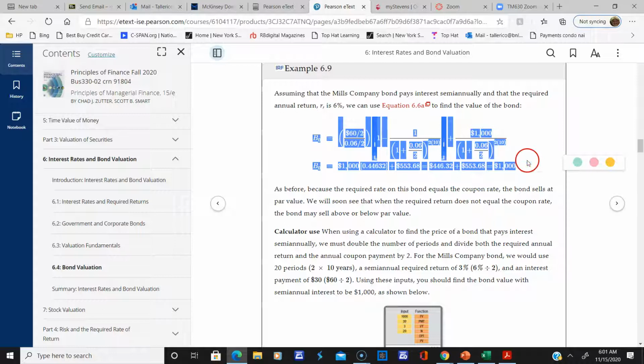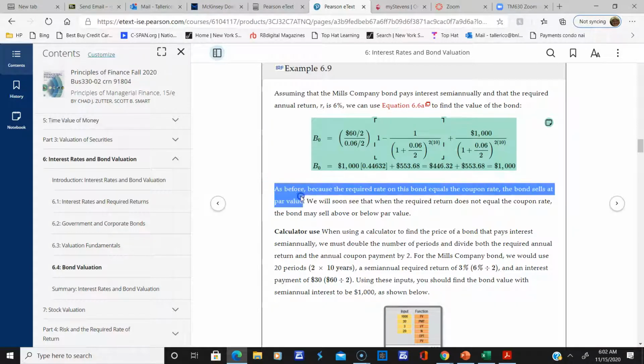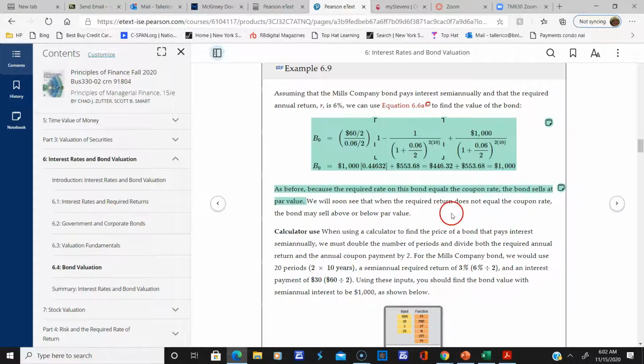If the required return had gone higher, the price of the bond would have gone lower, and vice versa. So that should be clear to everybody. As before, because the required return on this bond equals the coupon rate, the bond sells at par. So everyone should know that the bond is at par here. I want to make sure everyone's clear about that.